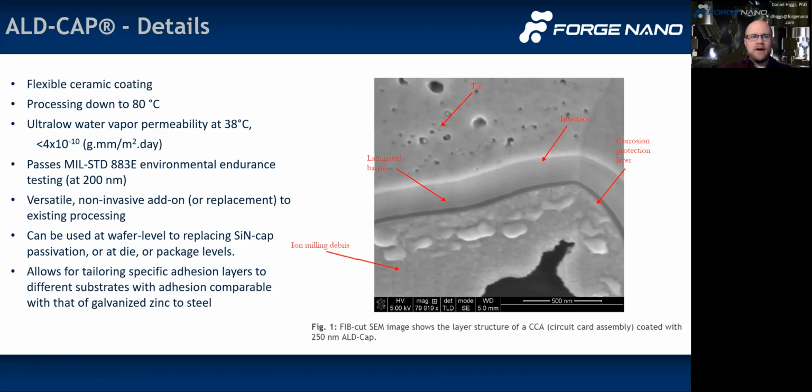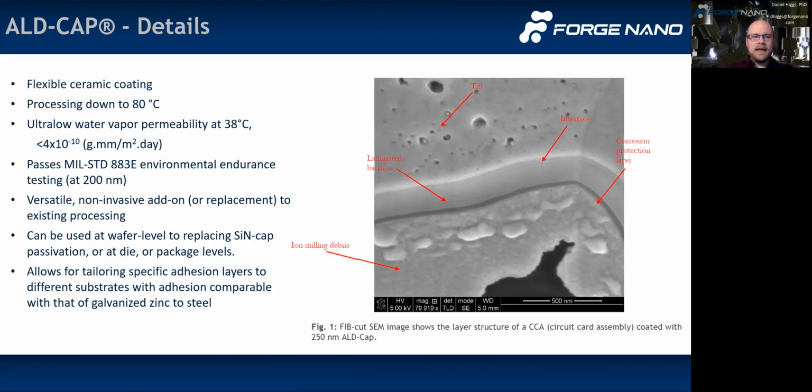The ALD-CAP provides an ultra low water vapor permeability. And at 38C, that's measured at less than 10 times 10 to the minus 10, which is ridiculously good. Our coating passes the MIL STD 883E environmental endurance testing at the 200 nanometer spec. It's a versatile coating, it's non-invasive, and it can be used in addition to or in replacement of other encapsulation technologies to provide for better performance.